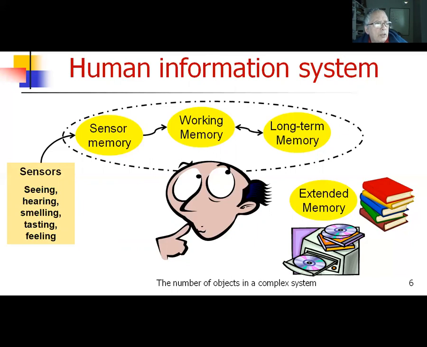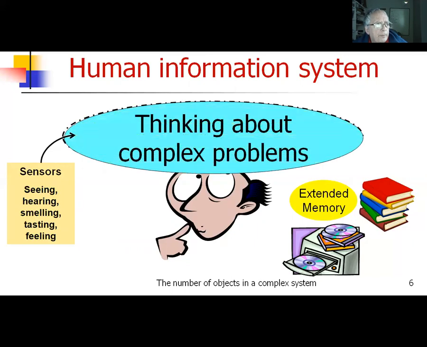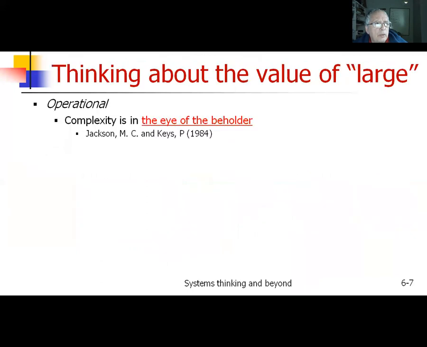It's then extracted as needed into working memory, and after some processing, it's put into long-term memory, or even these days extended memory, which is outside the brain in the form of books and computer media. And that's what thinking about complex problems is all about, moving data around inside the brain from the different memories.